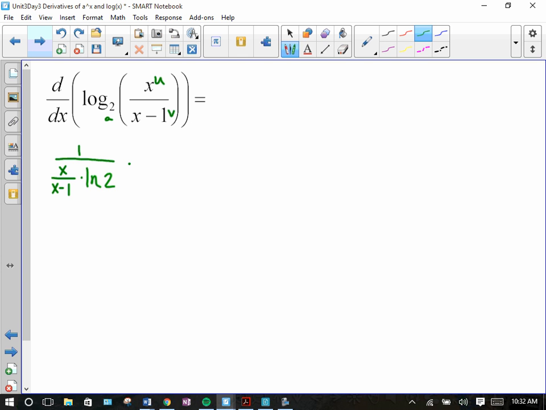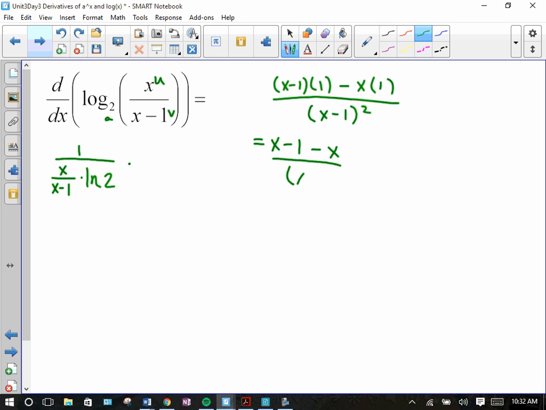So it's going to be v times the derivative of u, which is 1, minus u times the derivative of v, which is 1, and then over x minus 1 squared. That's equal to x minus 1 minus x over x minus 1 squared, which is equal to negative 1 over x minus 1 squared. So that whole derivative is minus 1 over x minus 1 squared.